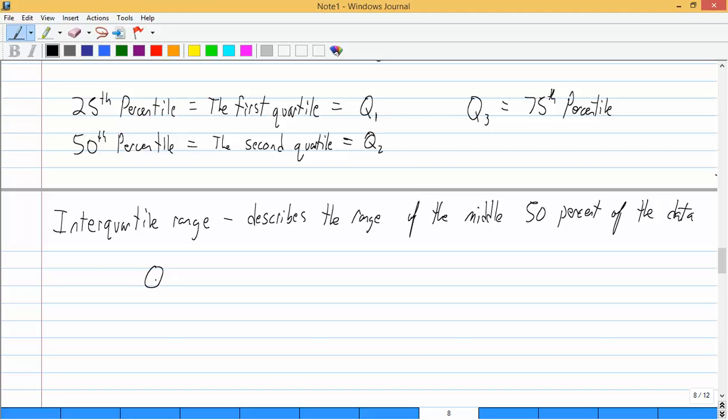You say the third quartile minus the first quartile. Remember, the third quartile is like the 75th percentile, and the first quartile is like the 25th percentile. So if you take that difference, you're getting the range of the middle 50% of the data.